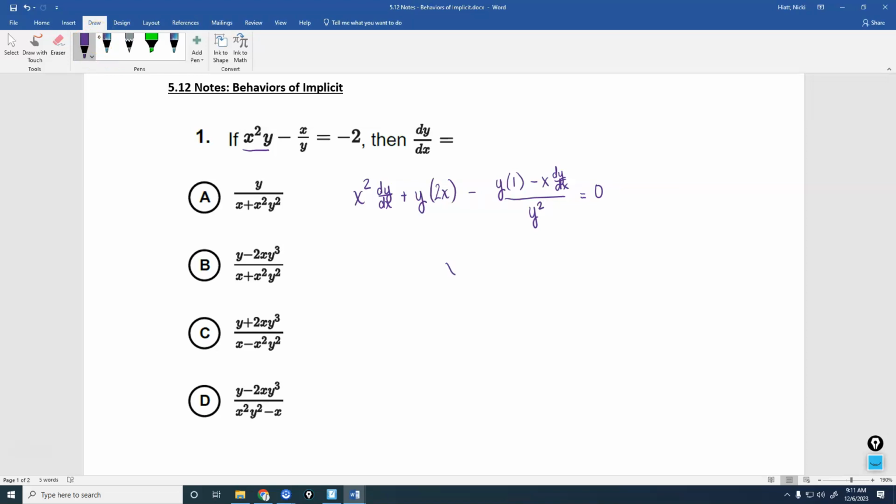Actually, let's just do this. Let's do x squared dy/dx plus 2xy, and since that's a minus, let's move all that stuff over here: y minus x dy/dx over y squared.